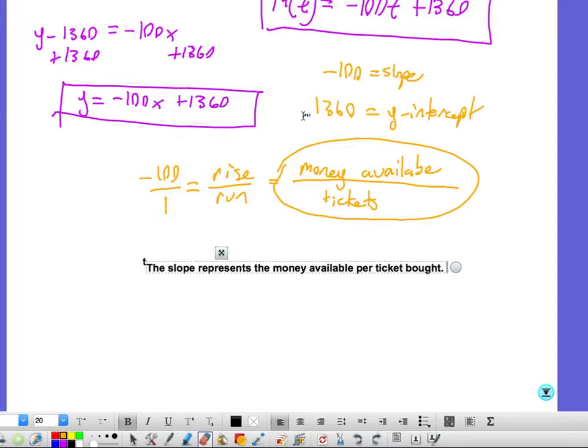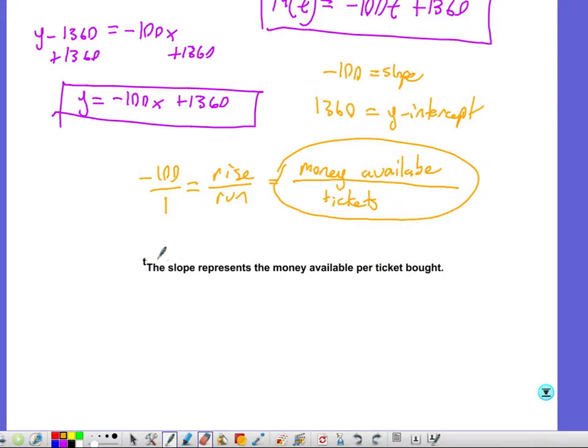So that gives us what the slope represents in the real world situation. The slope represents the money available per ticket bought.